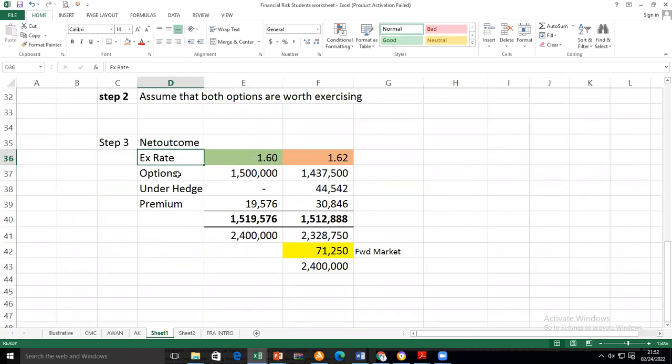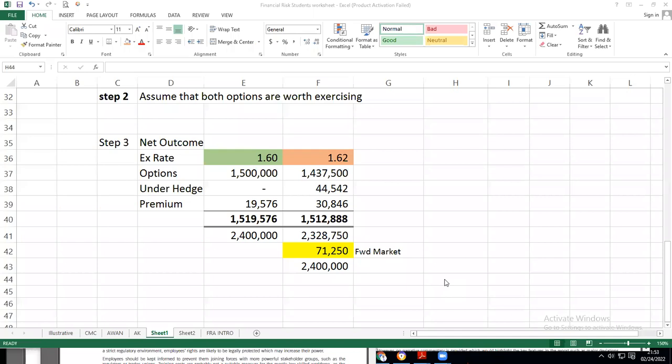Exercise rate, how much you get from the options, the underhedge, and the premium. The net outcome will always look like this. Let me have your questions now.